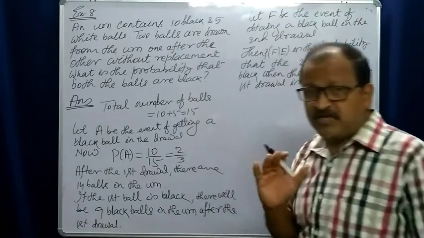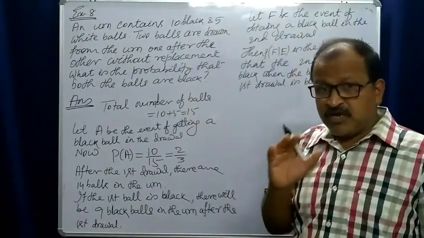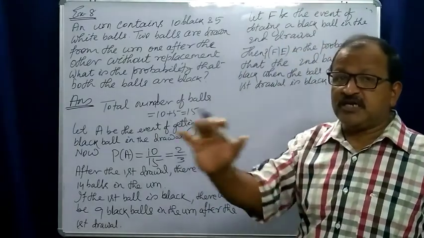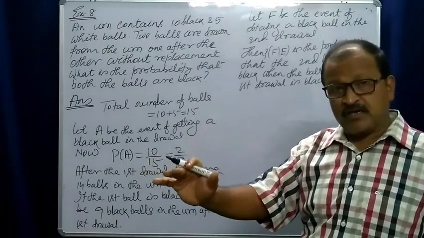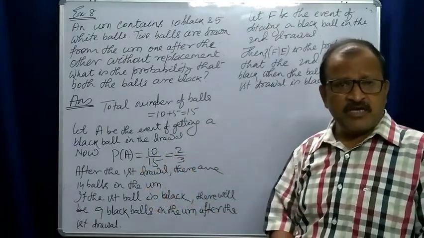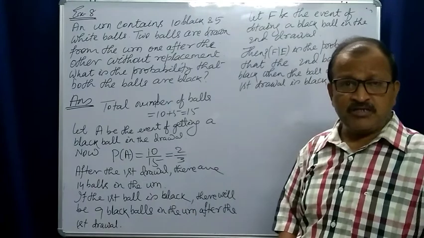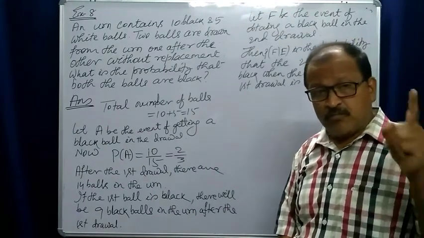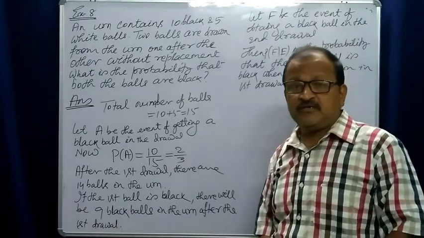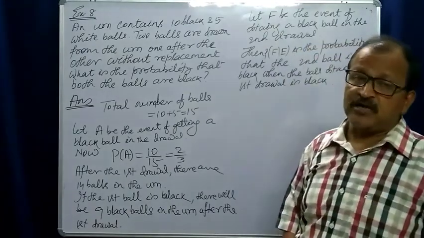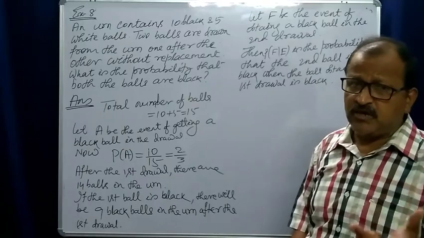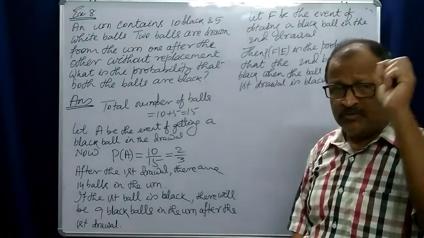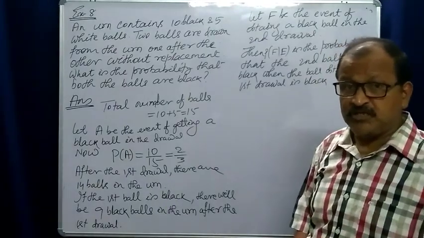When the first draw is a black ball, what is the probability that the second ball is black? It is a conditional probability, because we are imposing a condition that the first ball is a black ball.